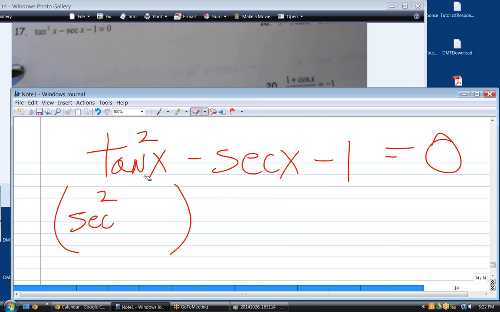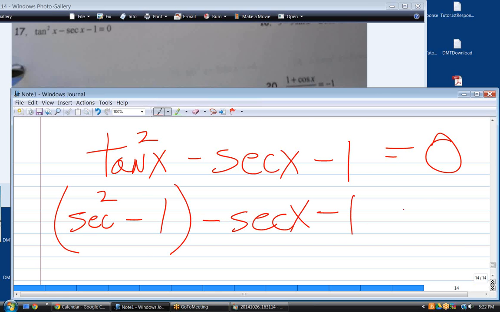Besides that, it's tangent squared. Whenever you see squared, think your Pythagorean identities. What's the Pythagorean identity for tan squared that's in terms of secant squared? 1 plus tangent squared equals secant squared, so that's the identity.